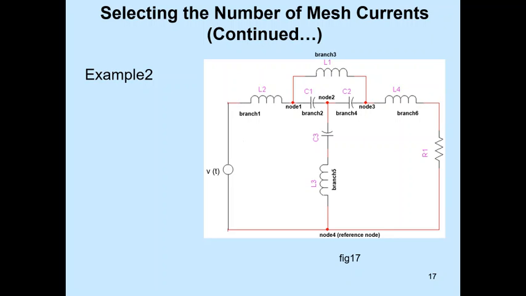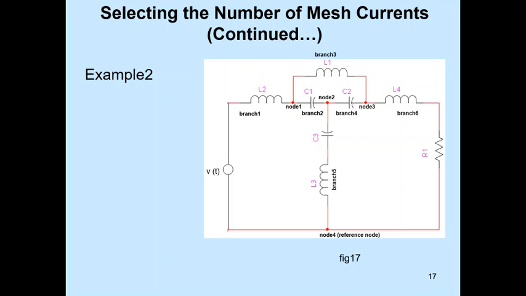So I am taking another example. Here there are 1, 2, 3, 4, 5, 6 branches. See here, check it. 6 branches are there.